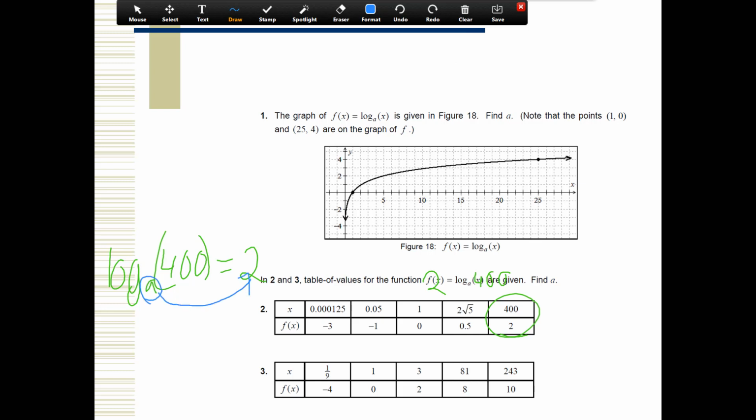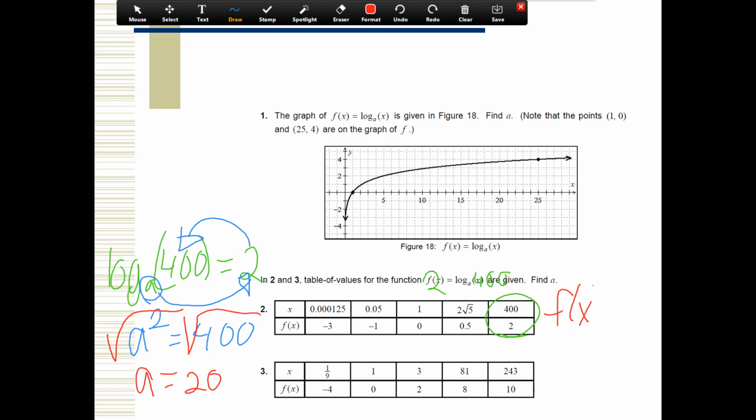So A to the second equals 400. So now to solve that, we can just square root both sides. And A ends up being 20. So the function for this one is f of x equals log base 20 of x.